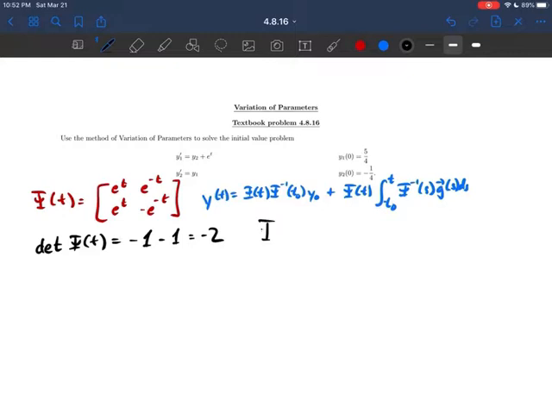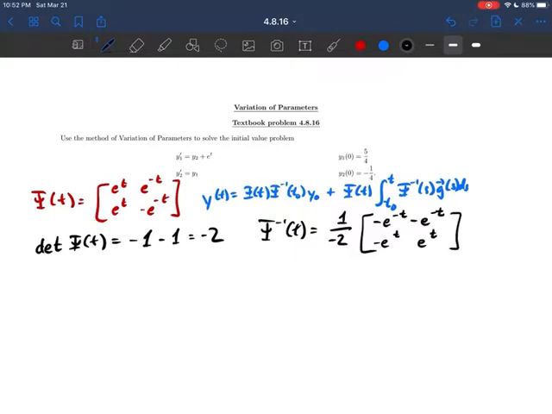And now we can write our inverse matrix. C inverse of t will be 1 over that determinant, so 1 over negative 2, times, and how do we do the inverse? Well, we swap the diagonal elements, so this becomes minus e to the minus t, e to the minus t, and then we put negatives on the things on the off diagonal, so it's minus e to the t and e to the t.